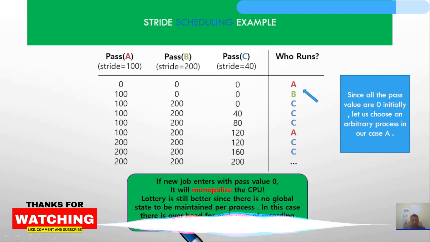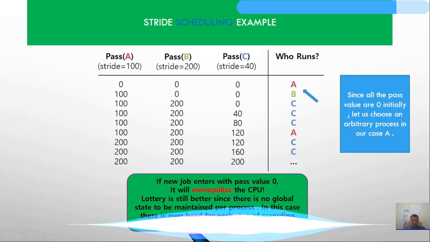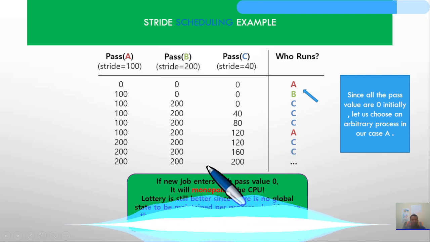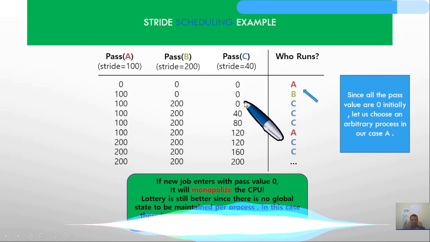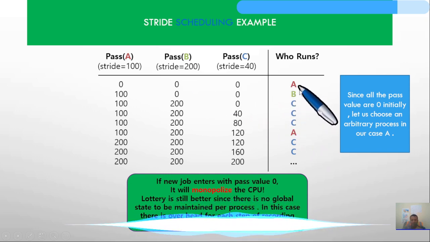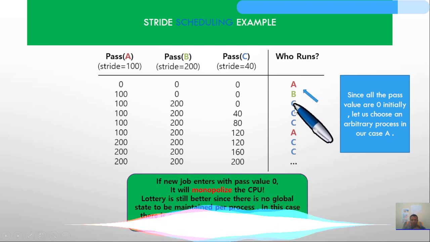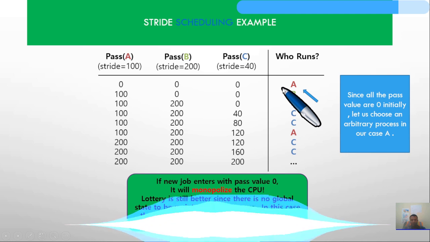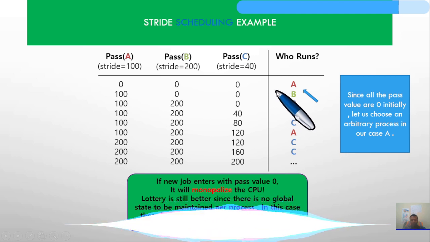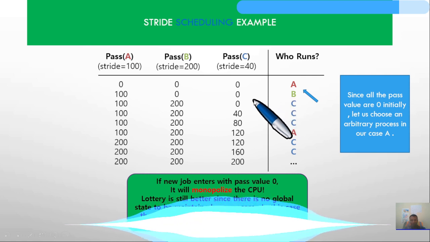In this case, there is overhead for each step of recording the state of the process. What this statement says is, for example, process A is running here, then process B comes. So there is a lot of context switching here. What does this mean? From A to B, when B takes over the CPU, the progress of process A should be saved in the cache and in the registers in the kernel of the operating system.